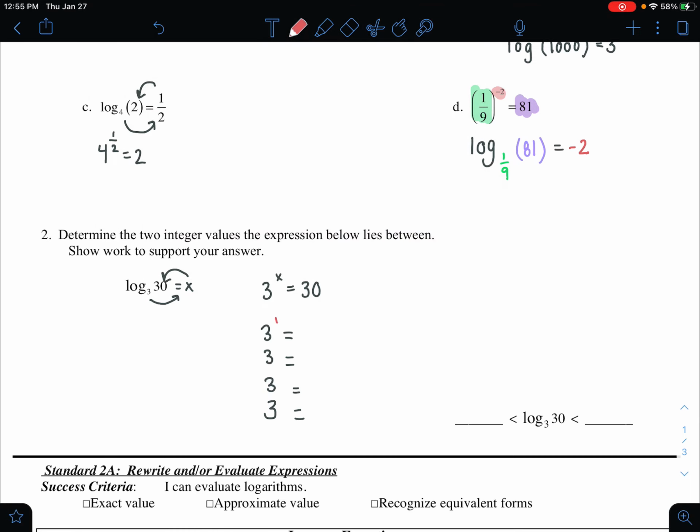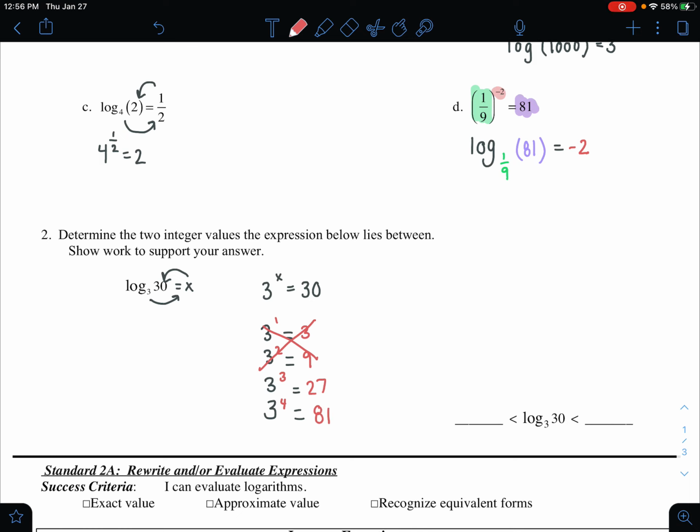3 to the power of 1 is just 3. 3 to the power of 2 is 9. Okay, 30 isn't between 3 or 9. 3 to the third is 27. Okay, 30 is not between 9 and 27, so not those. 3 to the fourth is equal to 81.